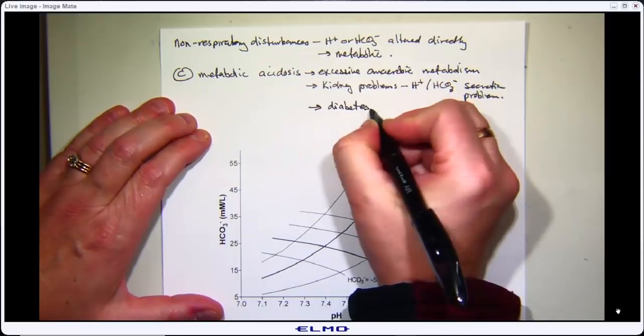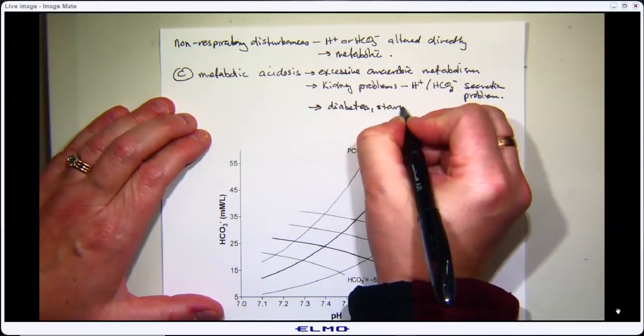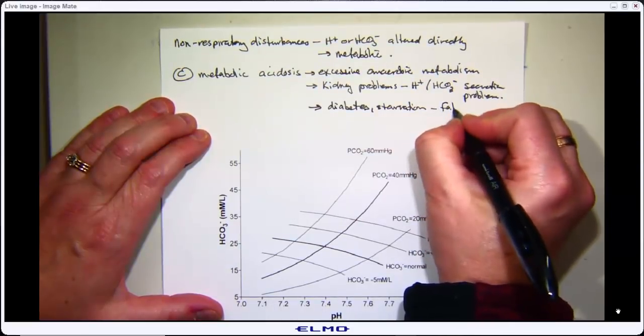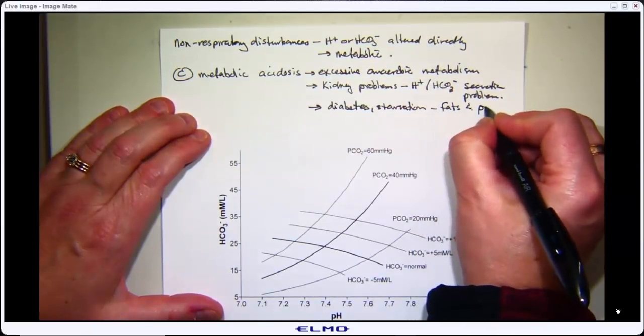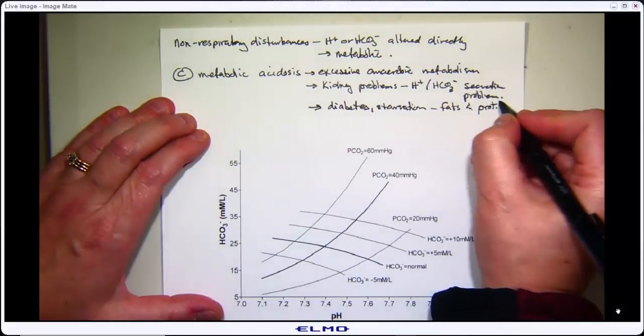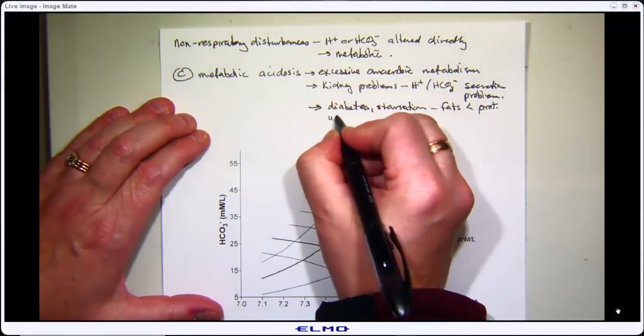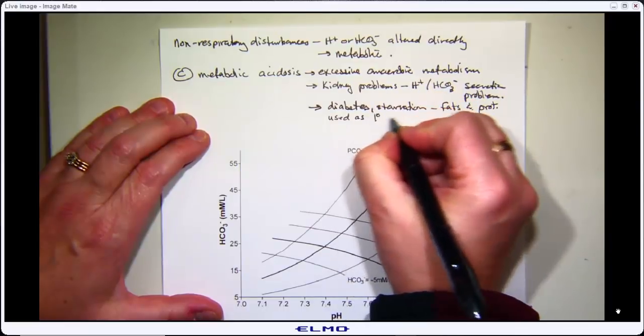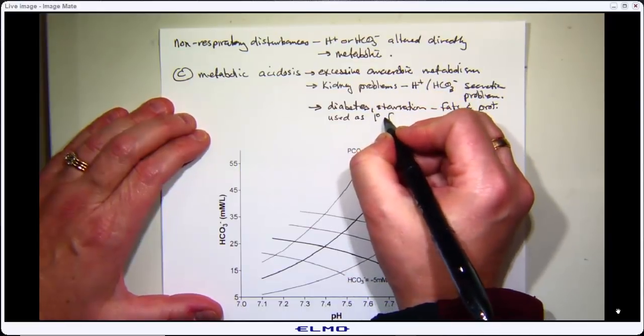So during diabetes or starvation, situations where we're using fats and proteins as our primary fuel source.